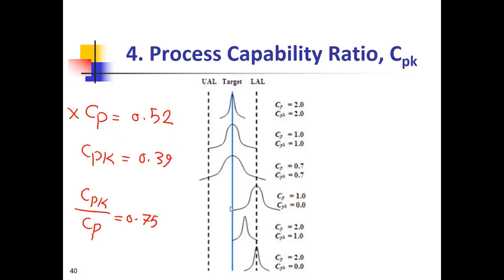So we have such a case, something similar to this. CPK 0 is here, CPK 1 is here. So it will be a case like this. The center is here.